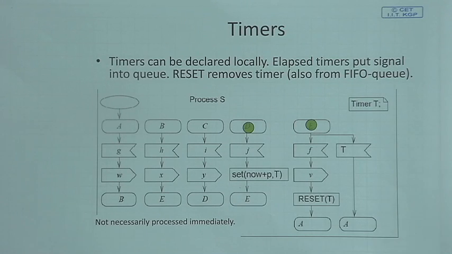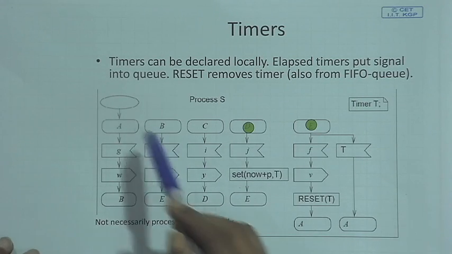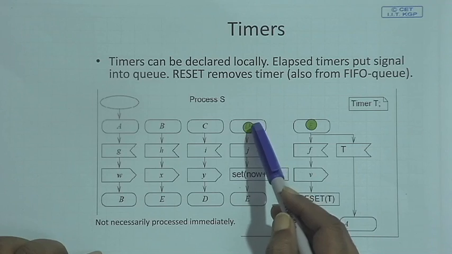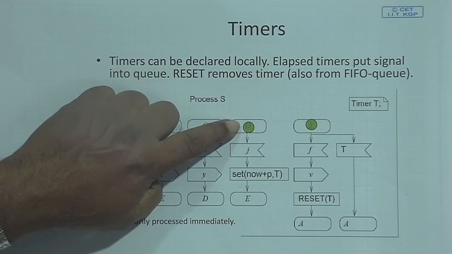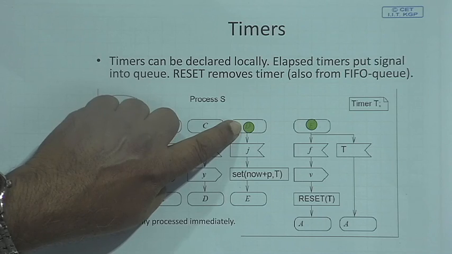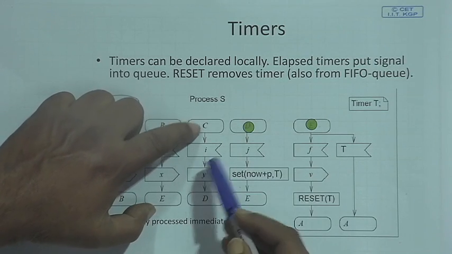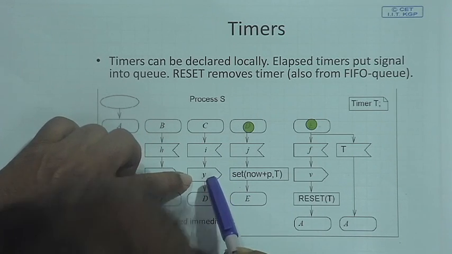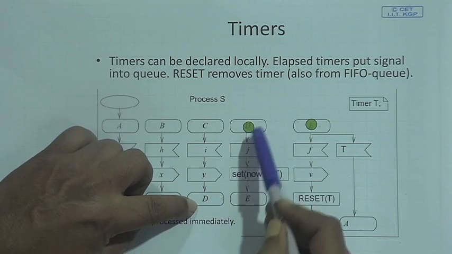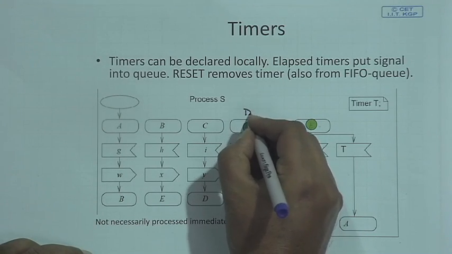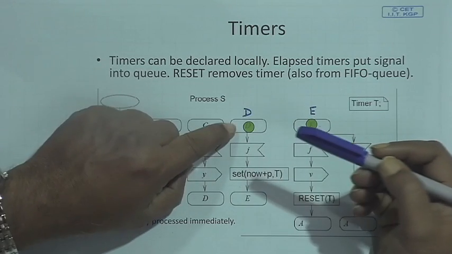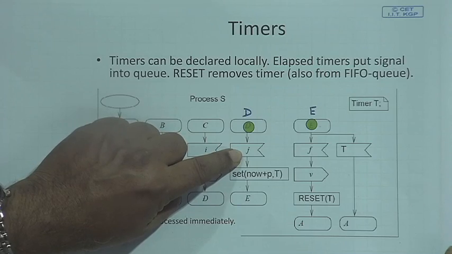Now, all these timing events are also kept in a FIFO queue. Suppose right now, I have made a transition from C through the event I, producing the output Y. I went to the state D and this is my state D, and this is my state E. Now, event J occurs.